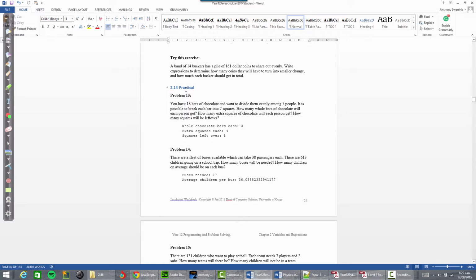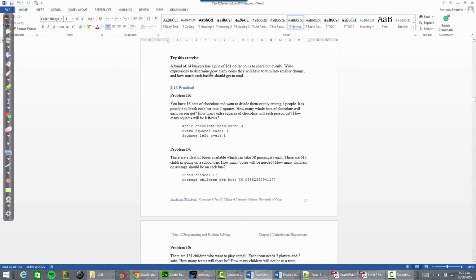What's this about? Well, just reading it through with you, we've got a band of 14 buskers, people that play sometimes on the street for money. Okay, and they have managed to get together 161 coins. It's people throwing money into the hat. So we want to share that out evenly, and we want to know how much is left over.